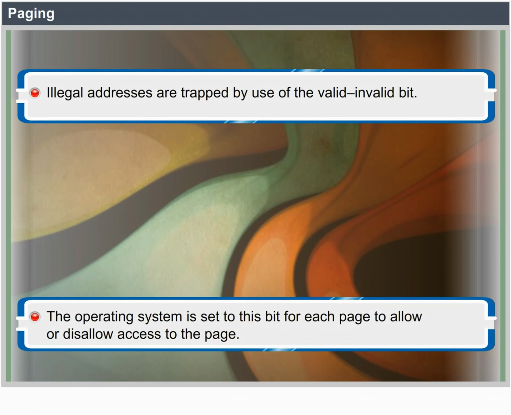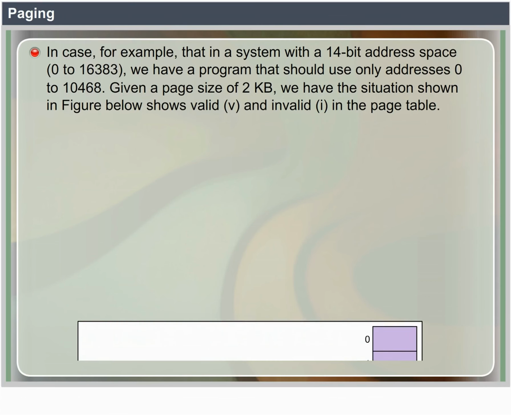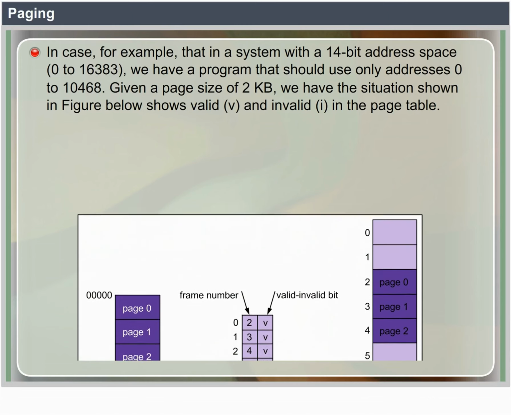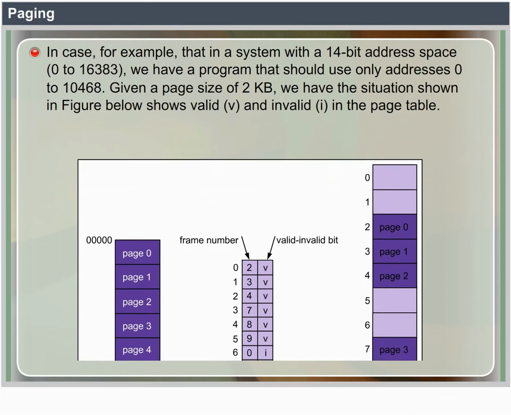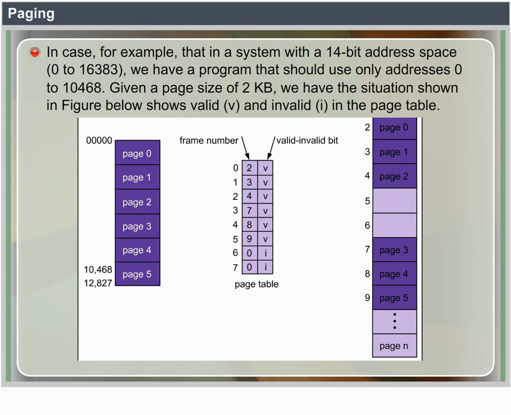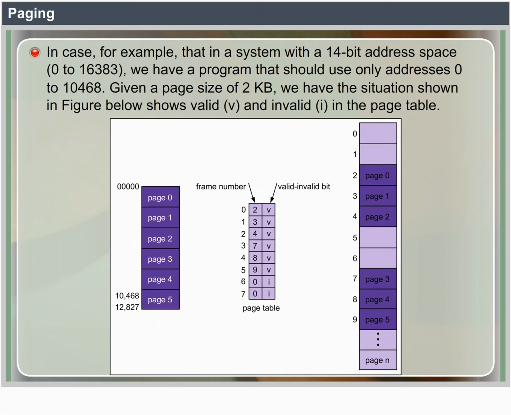Suppose, for example, that in a system with a 14-bit address space, 0 to 16,383, we have a program that should use only addresses 0 to 10,468. Given a page size of 2 kilobytes, we have the situation shown in the figure below, showing valid (V) and invalid (I) in the page table.